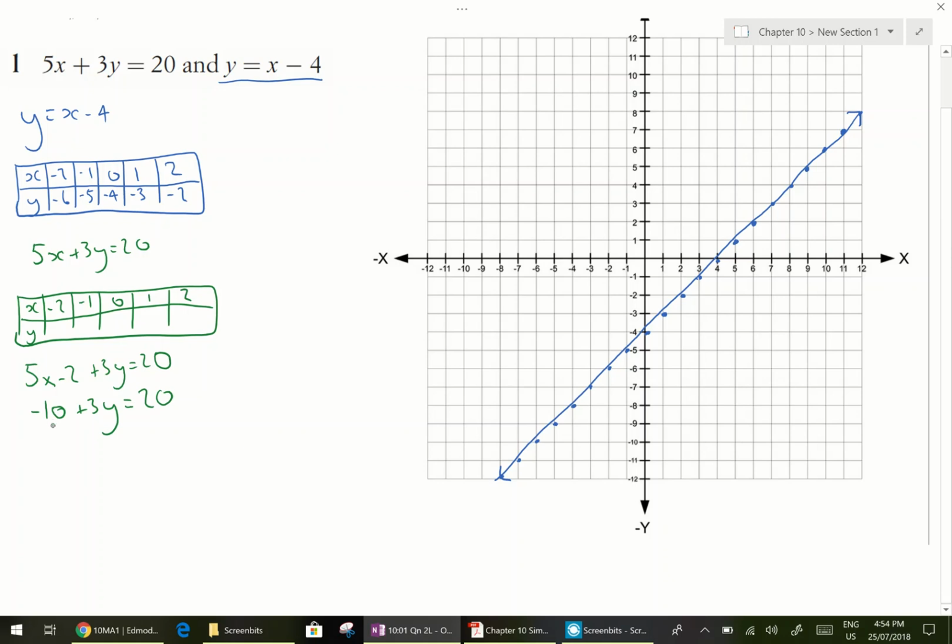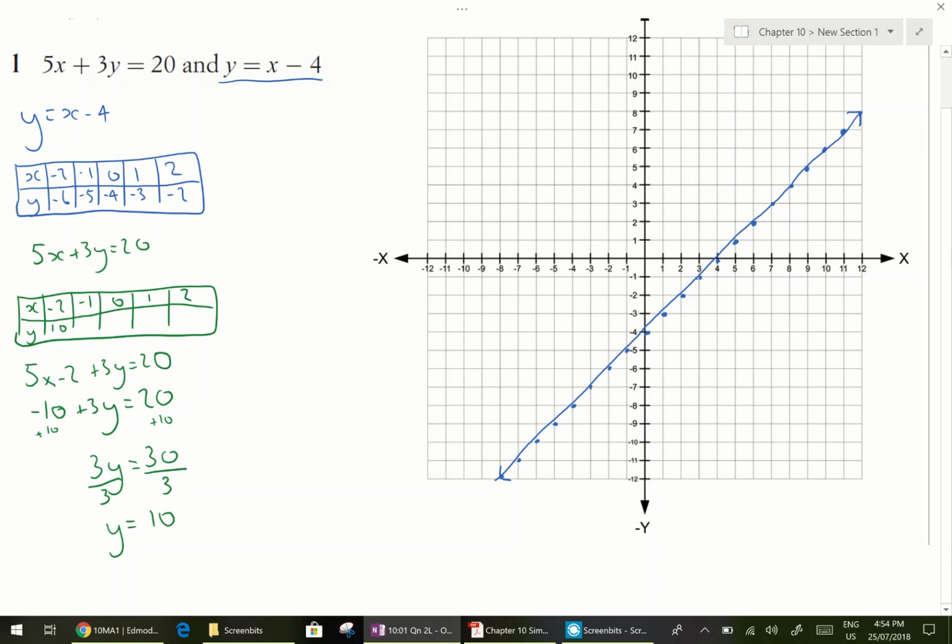I'm going to move this -10 to the other side, so I can plus 10 to each side. When they cancel out, I'm left with 3y equals 30. To get y by itself, I divide each side by 3, and we get y equals 10. So -2 and 10 is our first point.